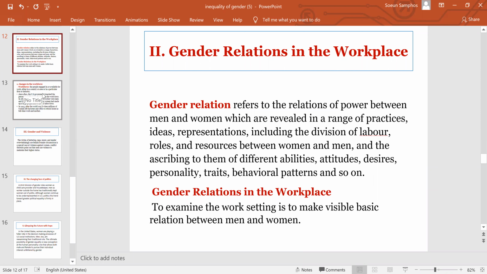Gender relations in the workplace expand the work setting to make visible the power relations between men and women. Next slide.